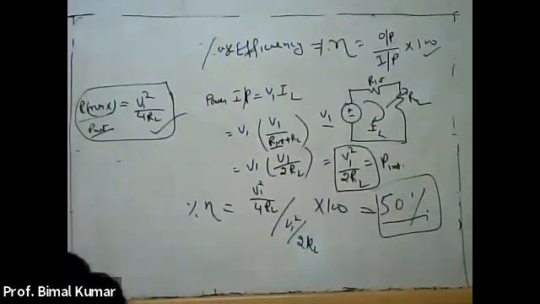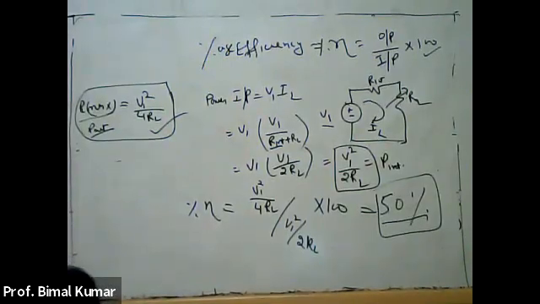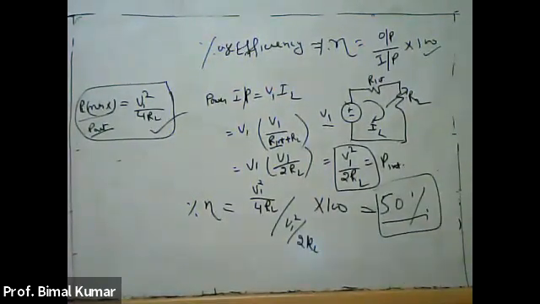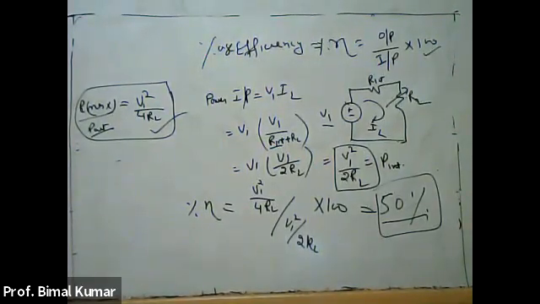Now see here, again in this particular case, the equation for the output power is equal to V1 square upon 4RL, right? We had already derived this equation. Now the thing is, in case of numerical, how will you calculate it? P maximum is equal to V1 square upon 4RL.